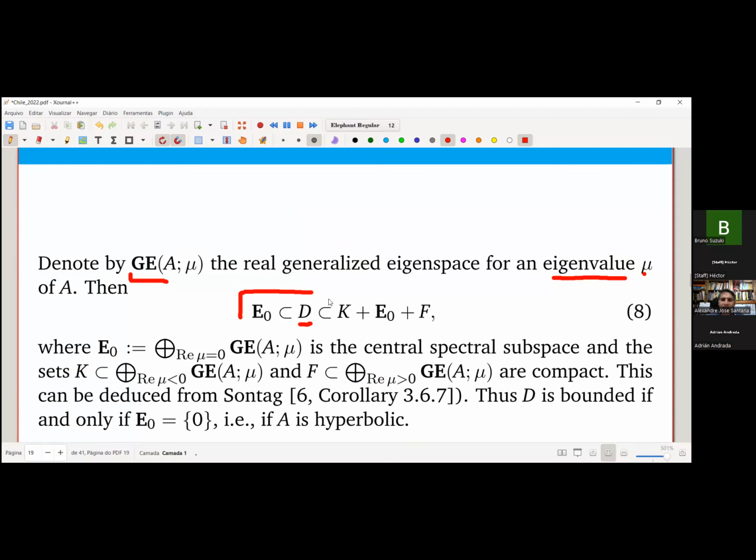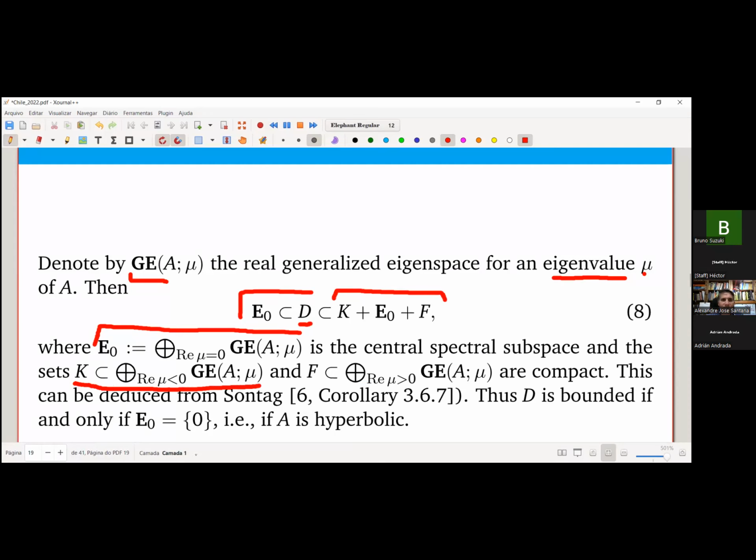And this control set is inside this sum here, where E0 is this direct sum, the central spectral subspace, and K is the sum with real part of the eigenvalue μ negative.